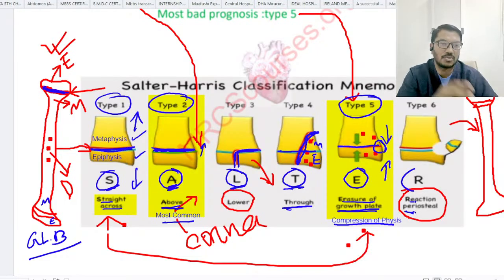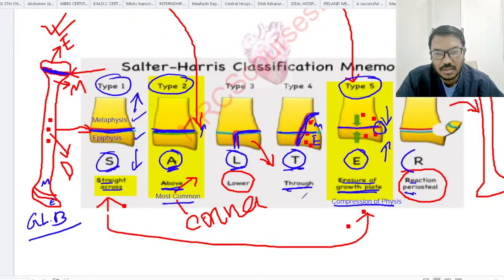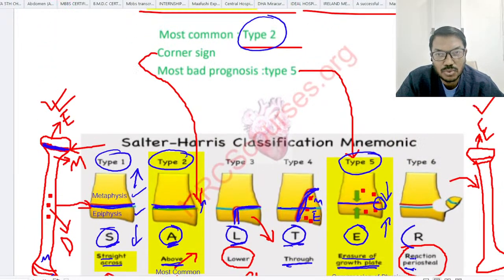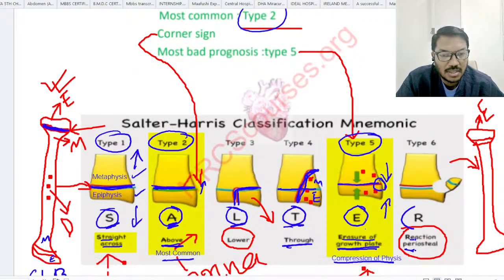Periosteal reaction. So the most common type is type 2, and the worst prognosis is type 5, because there is compression of the physis and growth plate destruction or erosion. From the growth plate only, the long bone increases.